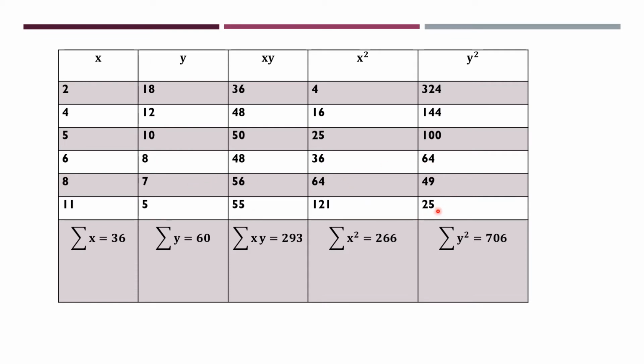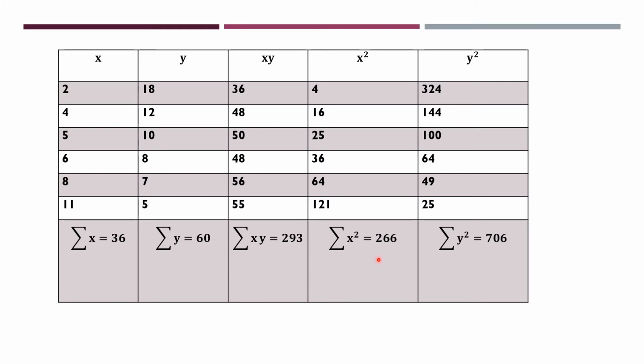So calculating the summation of each of these columns, or adding all the values. Adding the first column, we get summation x as 36, similarly summation y 60, summation xy 293, summation x square 266 and summation y square is 706.